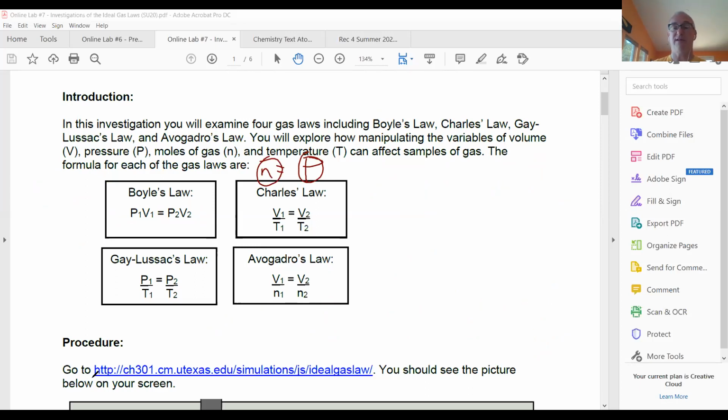In this particular instance, we can think about a balloon. A balloon can expand and contract, right? So if I have a balloon, let me draw a little balloon here, put a little tail on it, and I put some gas molecules in it.